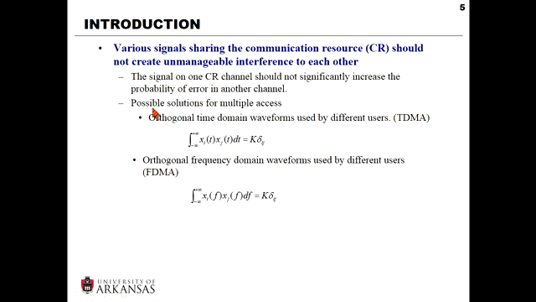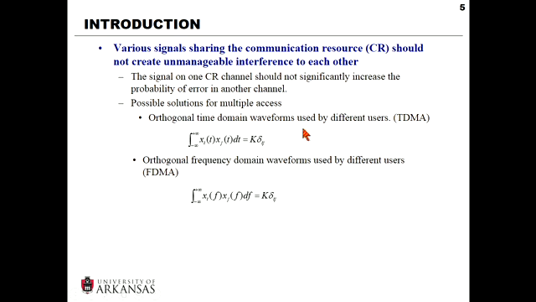So the possible solution for multiple access is to do orthogonal. We assign, for example, one waveform to user 1 and another waveform to user 2, and if their inner product is delta ij, which is 0 if i does not equal j, then we are fine.